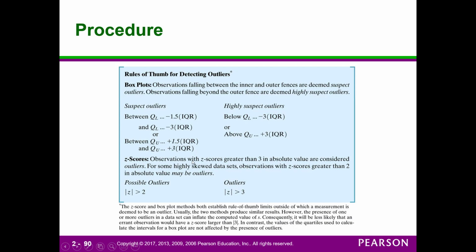Z-score: observations with z-score greater than 3 in absolute value are considered outliers. For some highly skewed data sets, observations with z-score greater than 2 in absolute value may be outliers.